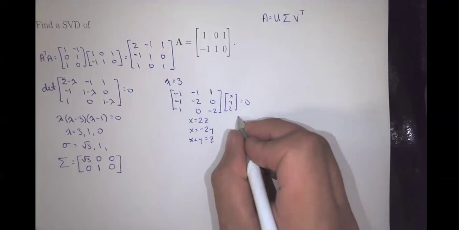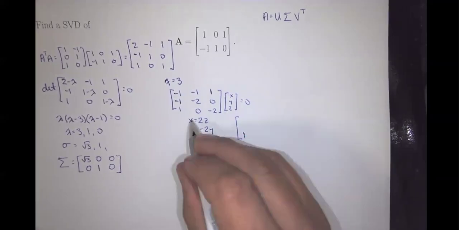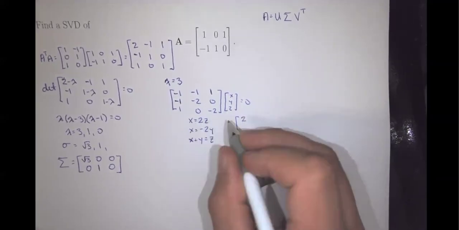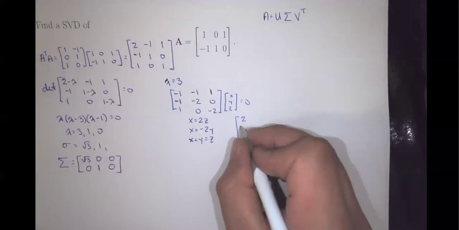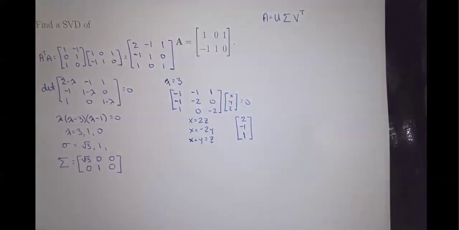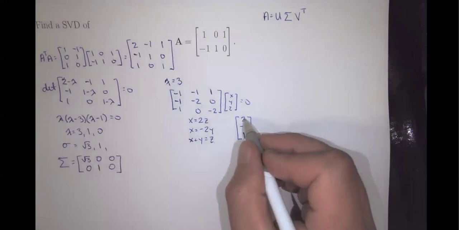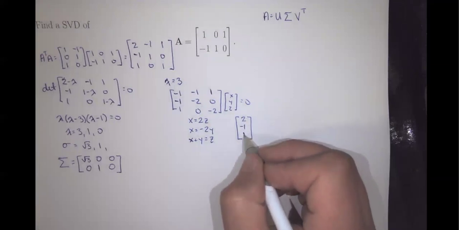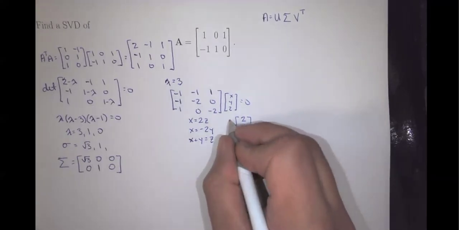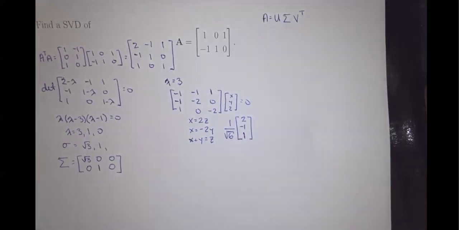So if we allow z to be 1, that forces x to be 2, and it forces y to be negative 1. We need to normalize that. So this has length: 2 squared is 4, plus 1, plus 1 is 6. So 1 over root 6 to normalize. Okay, and that's our first eigenvector in V.